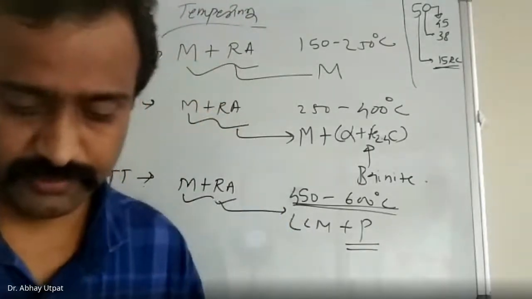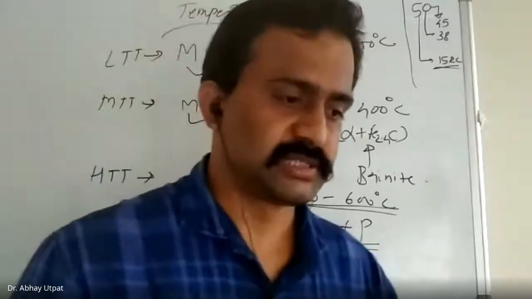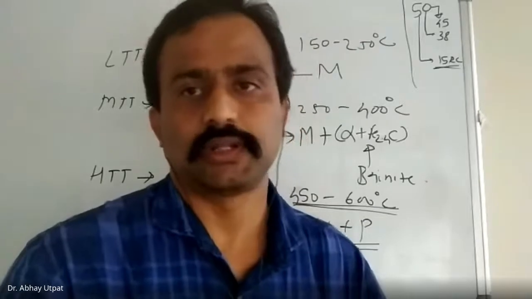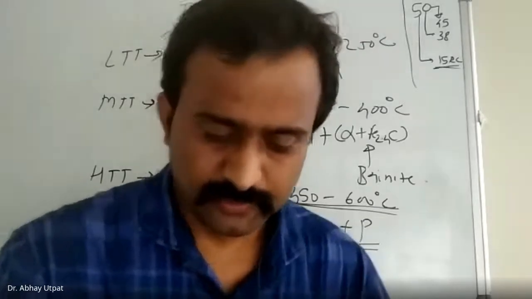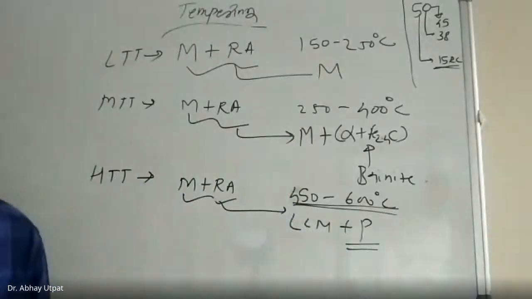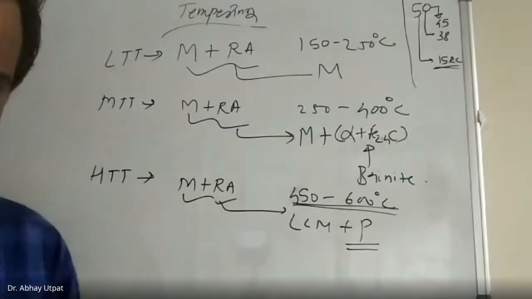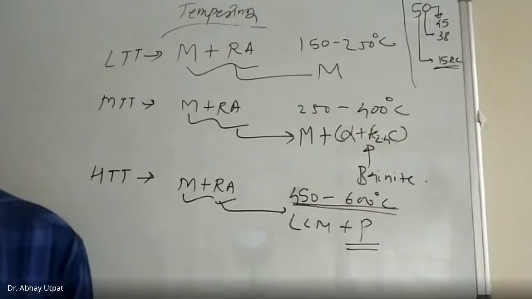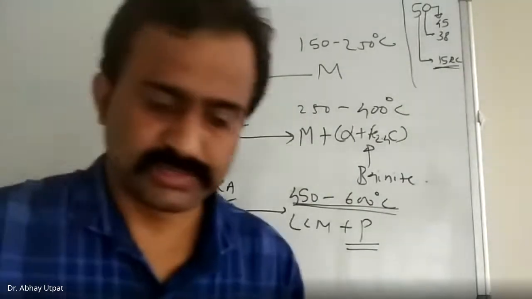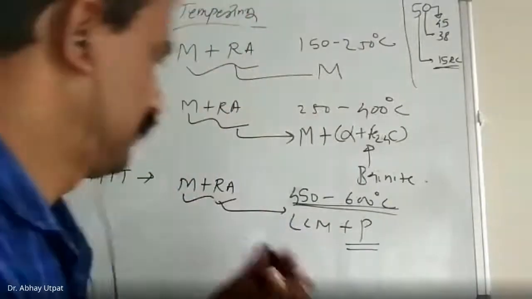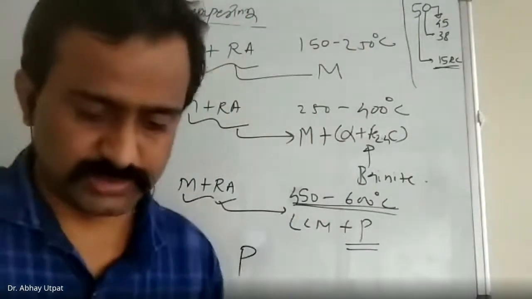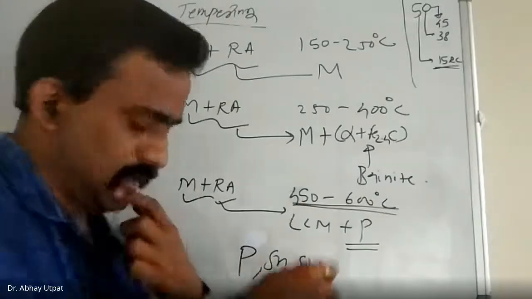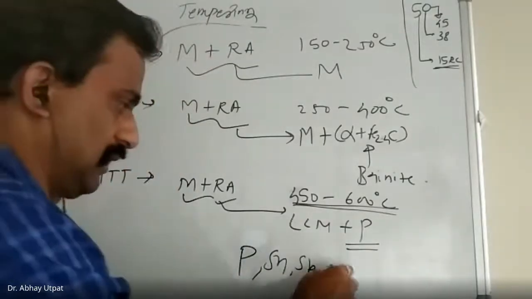This occurs usually for the alloy steels having elements phosphorus P, tin Sn, antimony Sb, nickel.